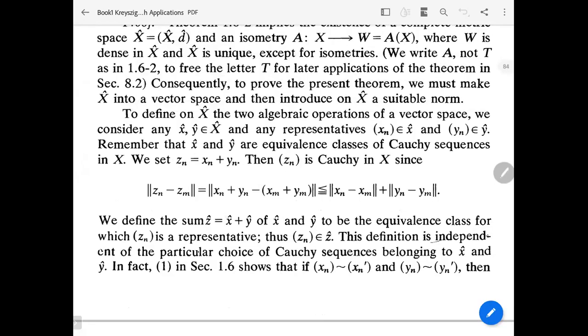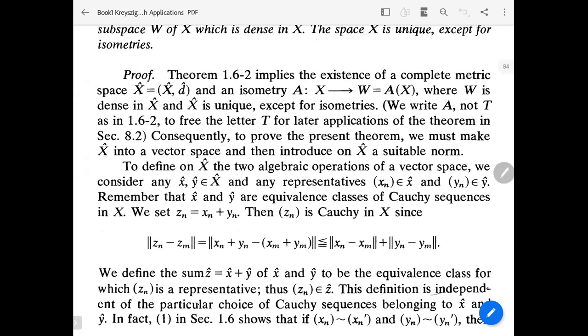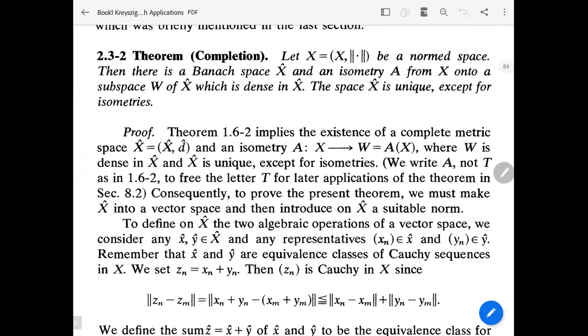So for this proof, you can use Theorem 1.6.2 from the previous section to show that a Banach space has a completion.